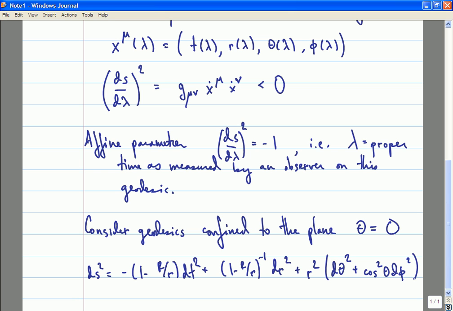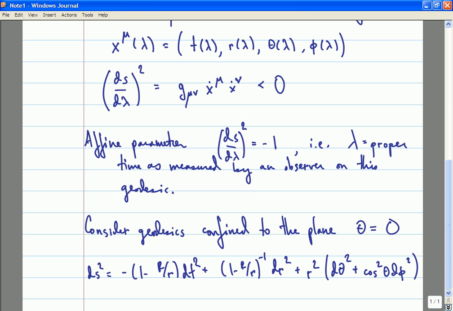So you can see by looking at the metric on the sphere there that when theta is equal to pi over 2 or minus pi over 2, the coefficient of d phi shrinks to 0. That's just a sign that the north and the south pole of the sphere are at theta equals plus and minus pi over 2. And the equator of the sphere is theta equals 0.